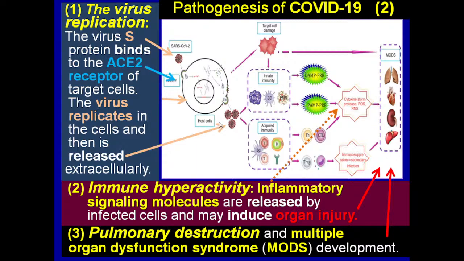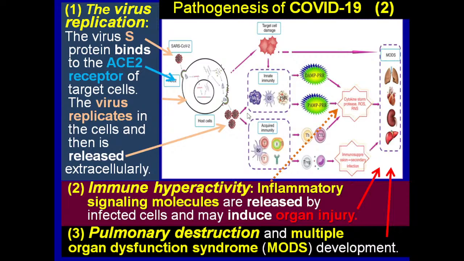Then the immune hyperactivity: inflammation signaling molecules are released by the infected cells and many induced organs. So the organs like liver, kidney, and spleen, then heart, and initially, of course, lungs. These are the mainly infected organs.